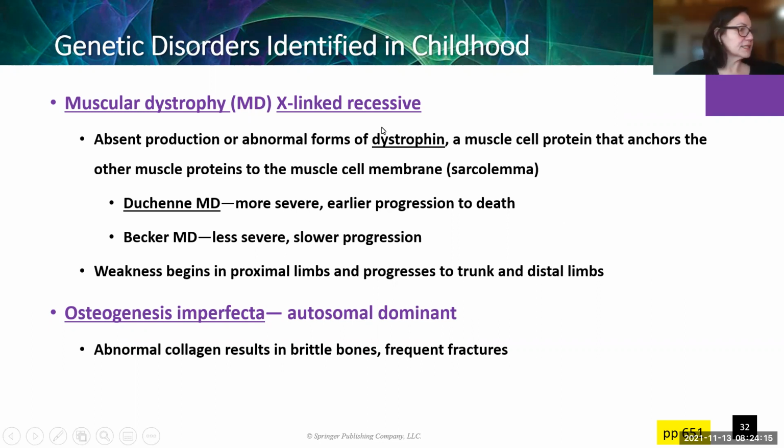So in any case, the person who has this disorder has a gene that is defective for a protein called dystrophin. It's a protein that helps to anchor the actin and the myosin in place in a muscle cell. So I'm just quickly reminding you, actin and myosin have to hold on to each other.